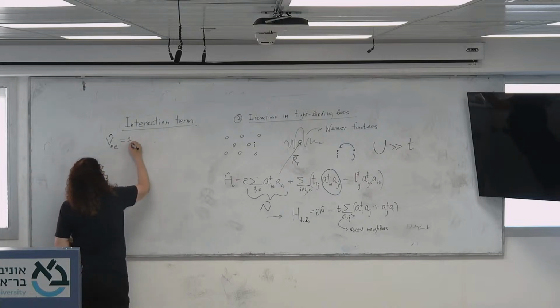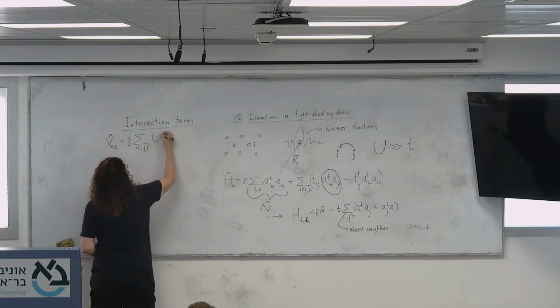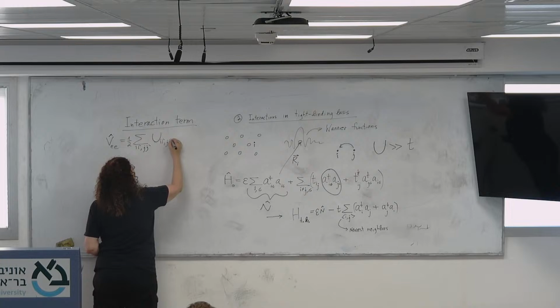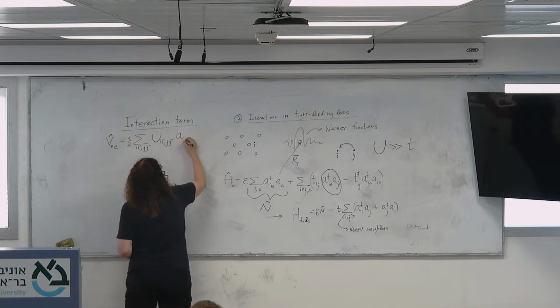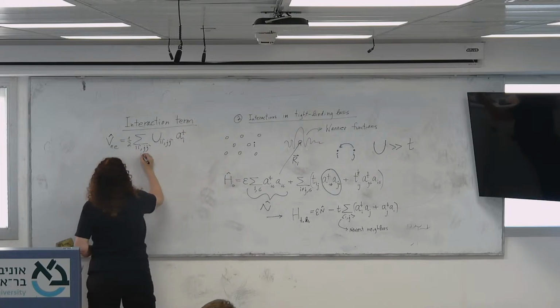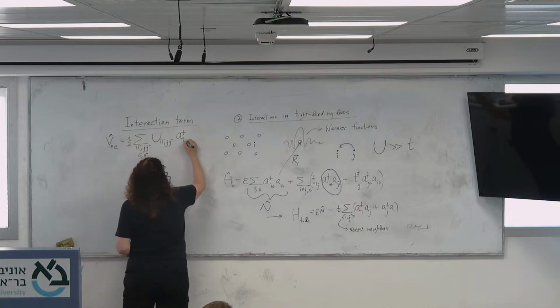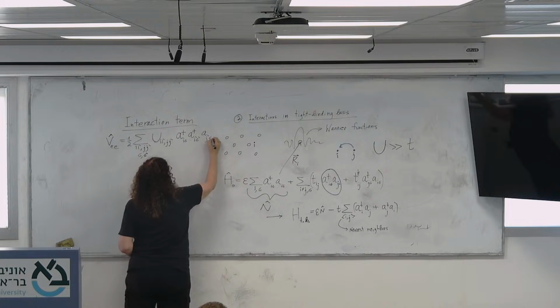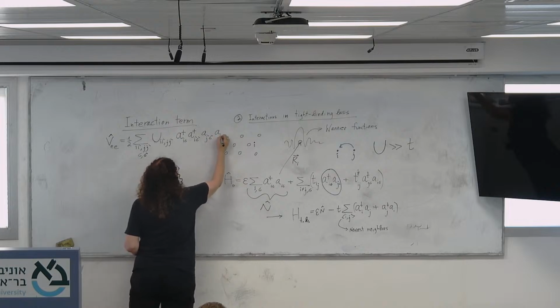So it's going to be of the form 1/2, and now I have a sum over indices i, j, i prime, j prime of U i prime j prime, and then a_i dagger, and of course I also have sigma and sigma prime, the spins, a_i sigma, a dagger i prime sigma prime, a j prime sigma prime, a j sigma.